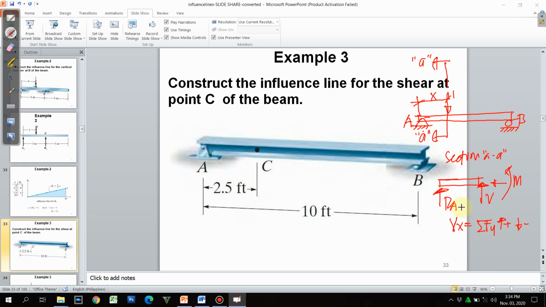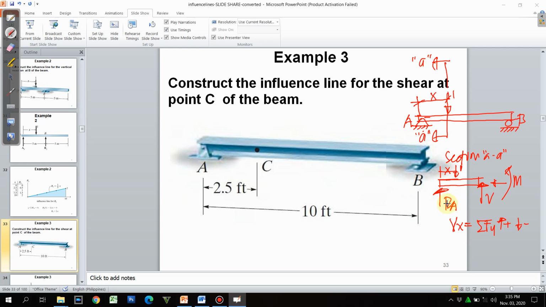So all we need is RA when 1 is transferring from left to right. So perhaps we can place here the unit load 1 with the distance x.